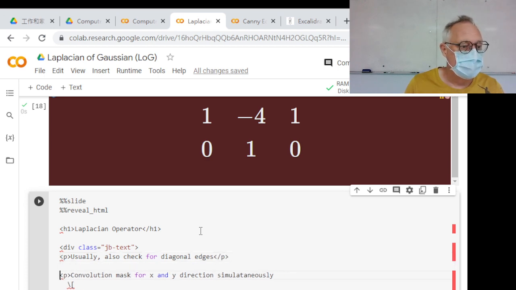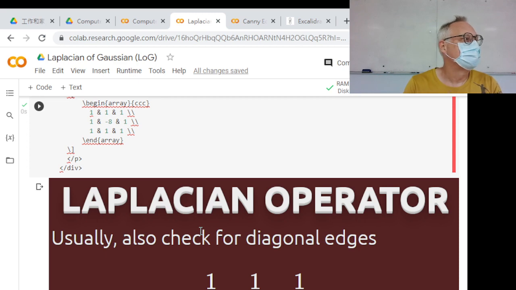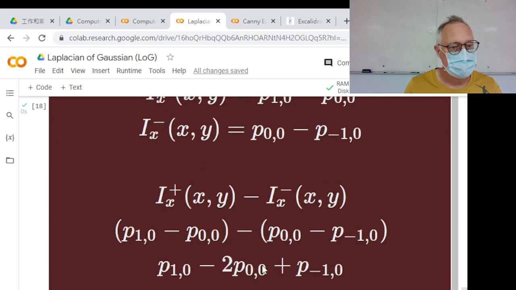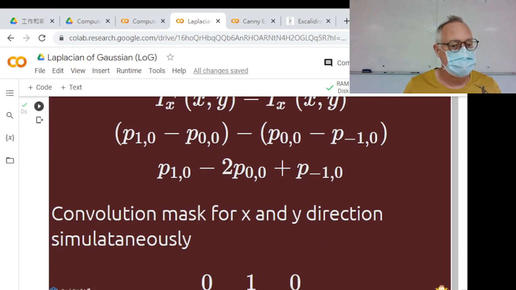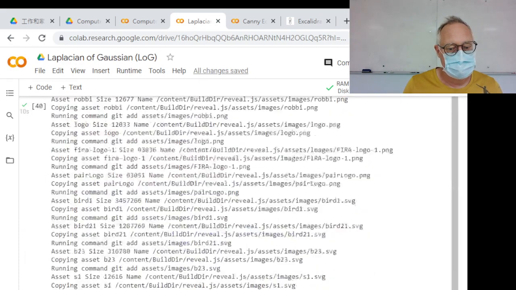Right? So not just above, below, left and right, but also top left, top right, bottom left, bottom right. In which case our operator would look like this. Doing the same reasoning, I would end up with an operator in all directions. That's just an extension of this to also include the diagonals. Then you end up with this operator. So let me just run that.